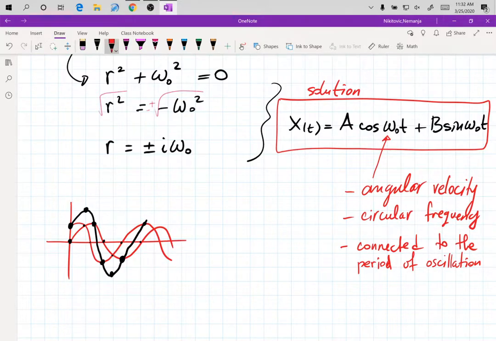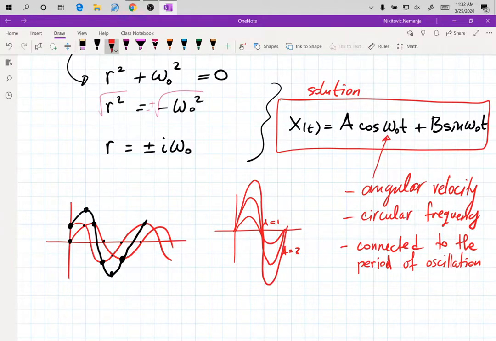So if you recall your tree course, you have your A equal 1, and then you have your A equal 2, and your A equal 3, right?